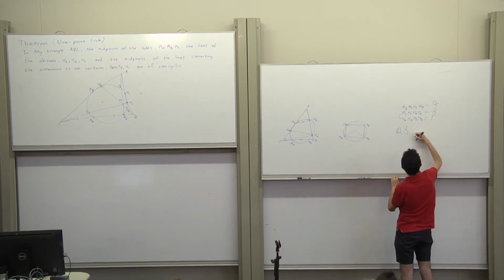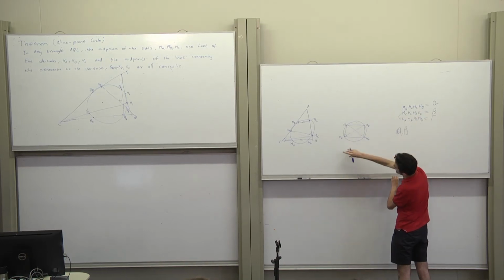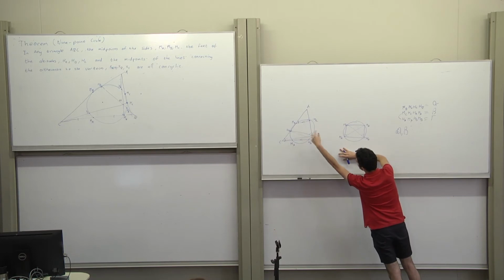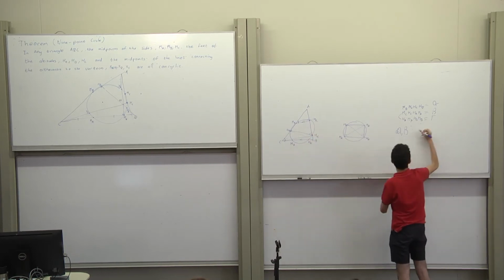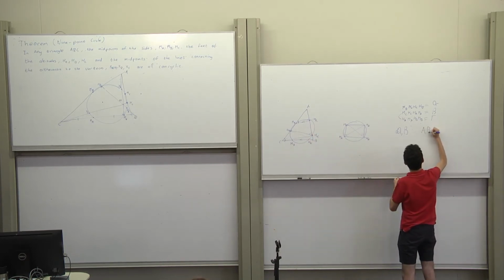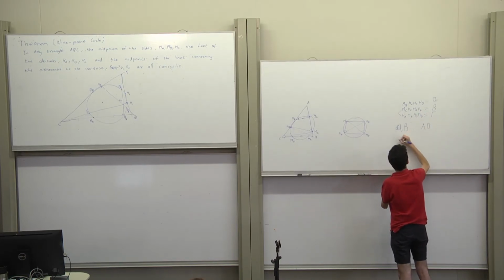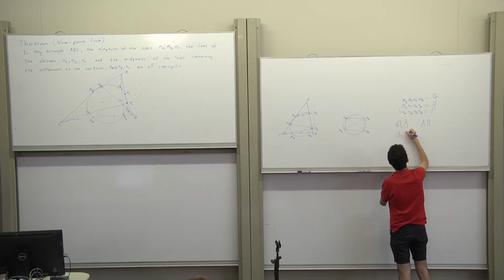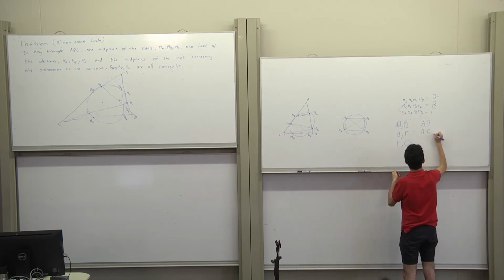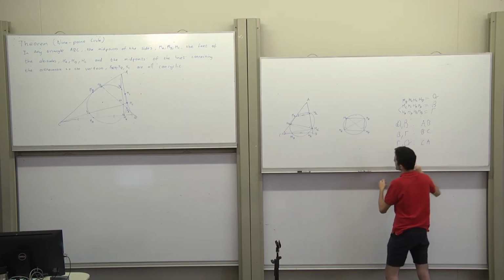No, hang on. That one and that one was those two, so the radical axis will be AB. And then this one will give us BC. Oh, this is complicated. And then this one will be CN.